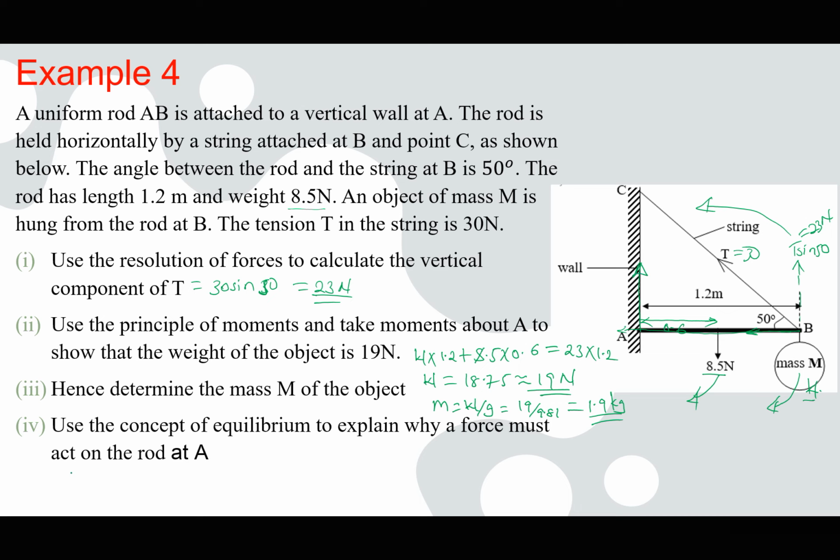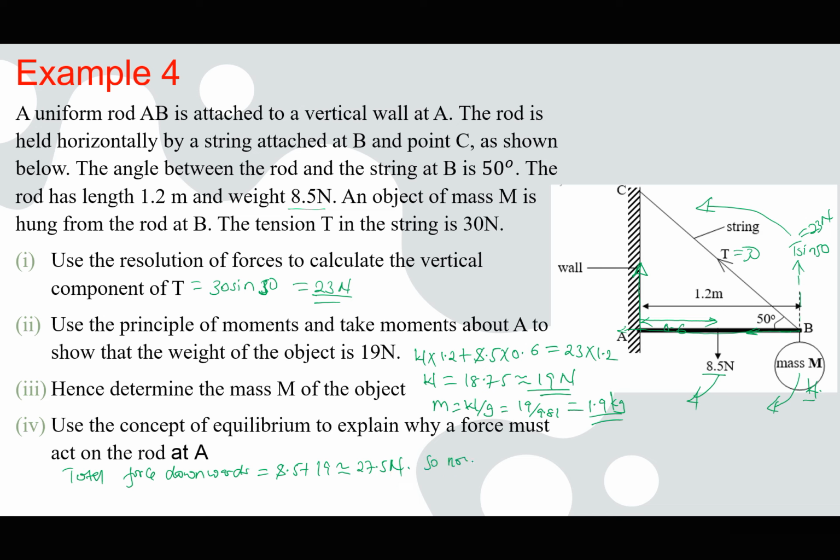So the total force downwards equals 8.5 plus 19, which is approximately 27.5 newtons.